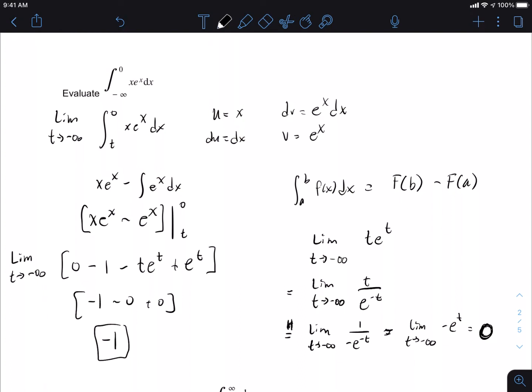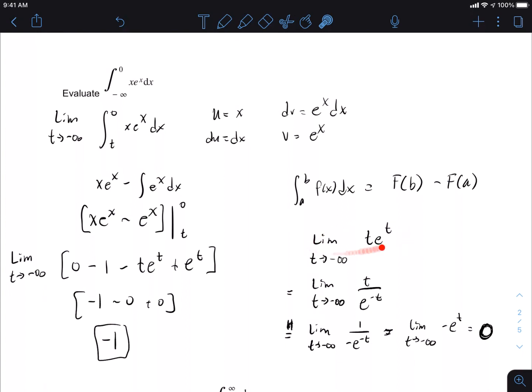Any questions on how I got that? None? Okay. So we can see, look, the limit as t goes to negative infinity of e to the t means this one is also going to be 0. You guys see that?